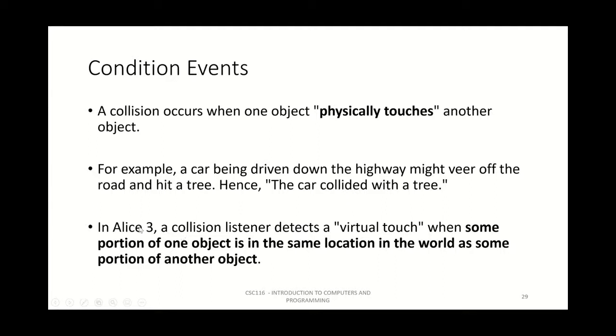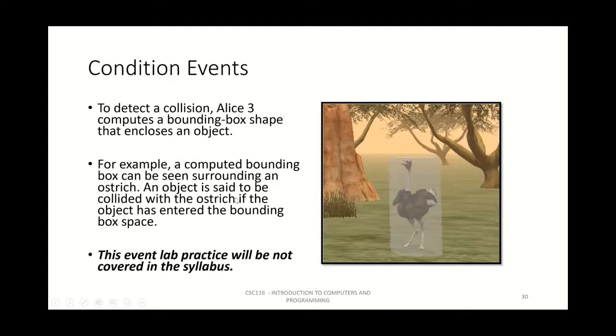So in Alice 3, the collision listener detects a virtual touch with some portion of an object in the same location in the world as some portion of another object. So how can Alice 3 detect the collision? Alice 3 computes a bounding box shape that encloses the object.